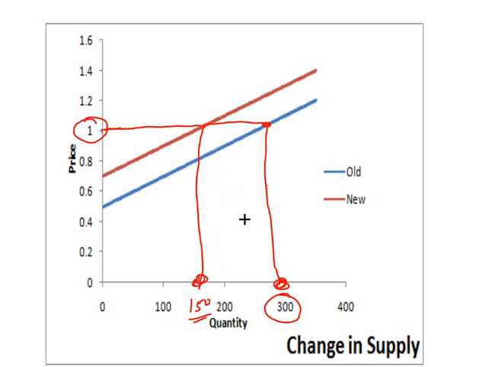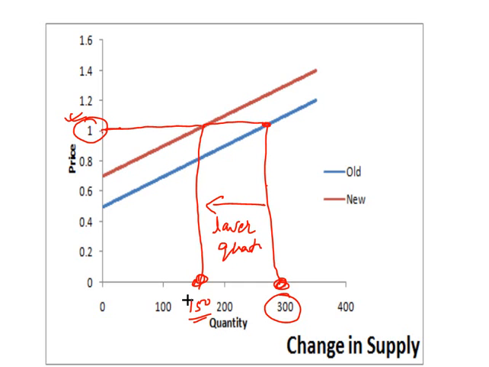It is happening because the cost to the supplier has increased. So he wants a higher price, and for the same price level he will supply a lower quantity.